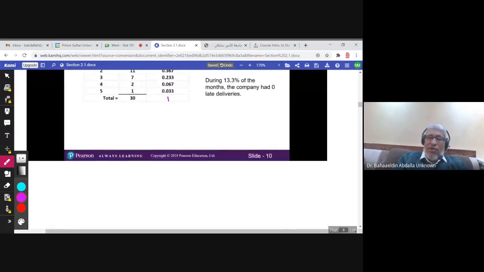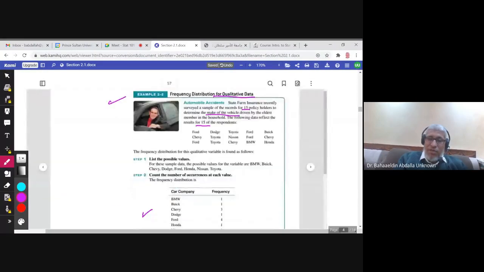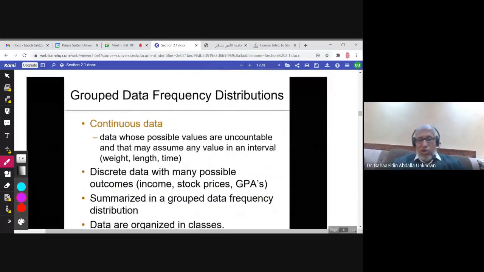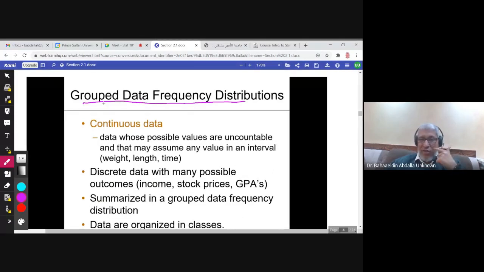Let us go now to the last point today, which is about grouped data frequency distribution. How to make a frequency distribution for continuous data or grouped data. We use grouped data frequency distribution for continuous data. We even use it for discrete data if we have many possible outcomes, meaning we have a lot of numbers.